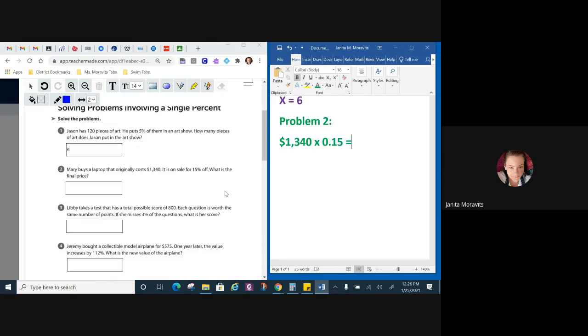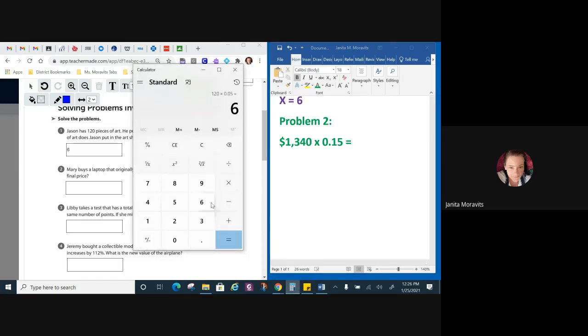Now, if we find that, we can find out how much it was discounted. So let's go here. $1,340 times 0.015, and that is equal to, it's wrong. I got zero happy there.